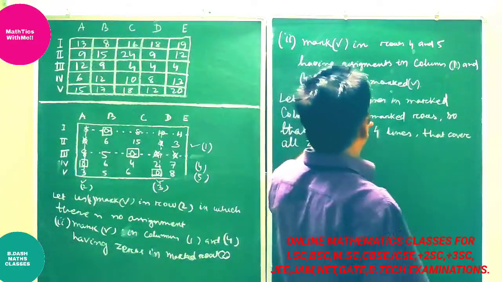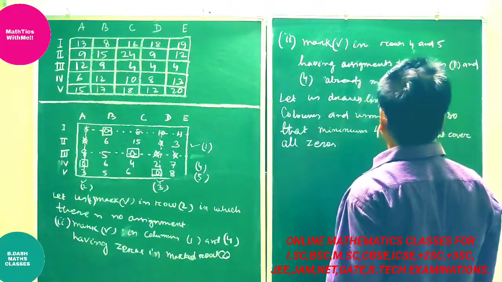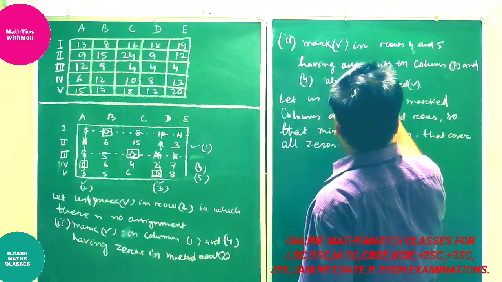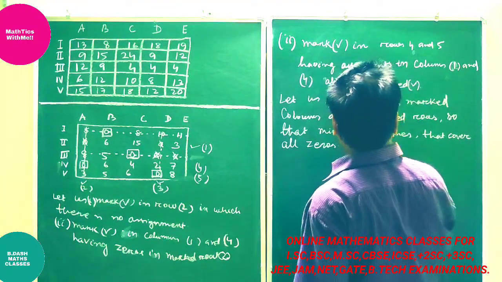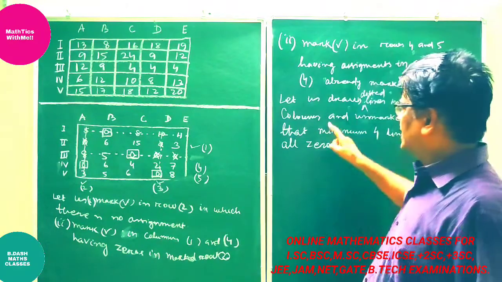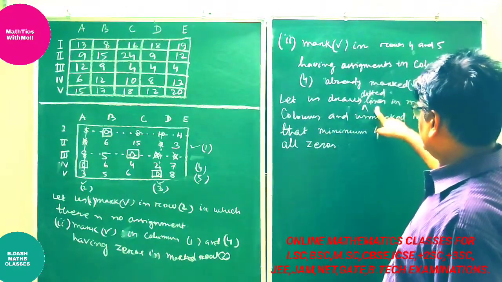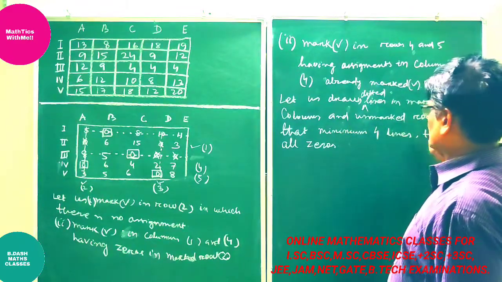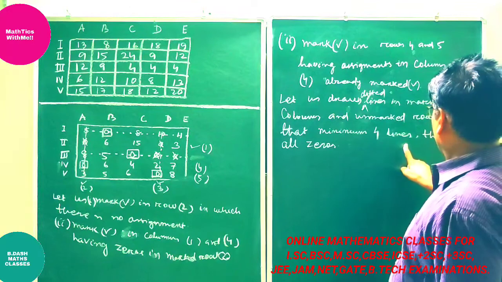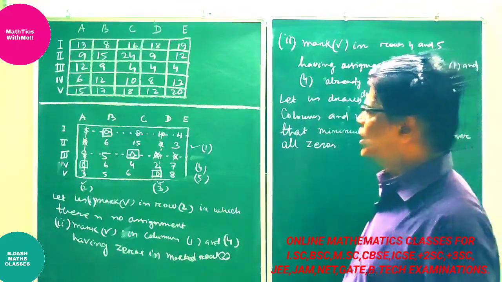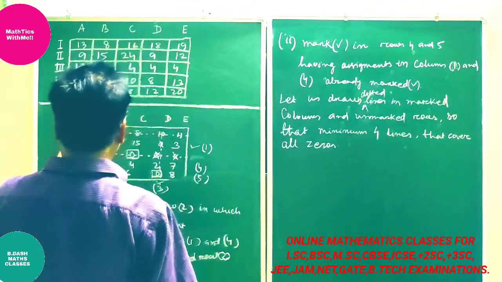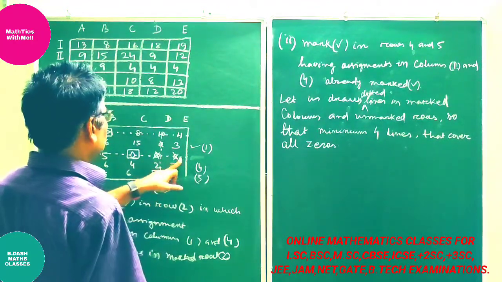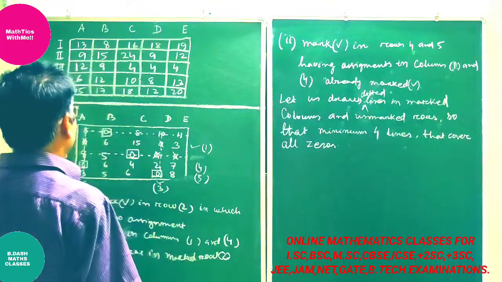Let us draw dotted lines in the marked columns and on unmarked rows so that minimum 4 lines cover all zeros. So these are marked columns. Now these are unmarked rows. So we are having now dotted lines.